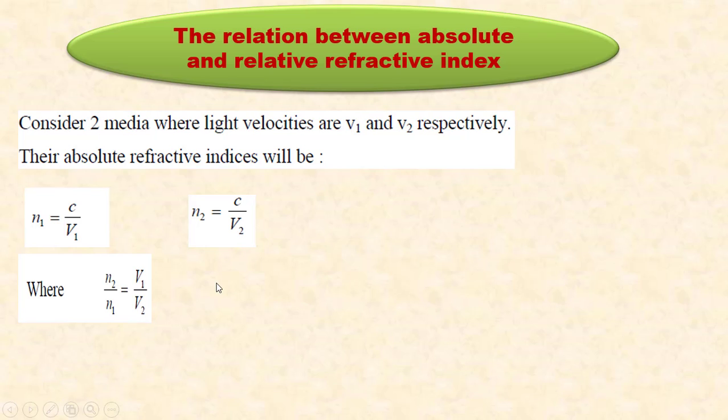From the previous slide we know that this is n12, the relative refractive index. So n12 equals v1 over v2 equals n2 over n1. So the relative refractive index between any two media equals the absolute refractive index of the second over the absolute refractive index of the first.